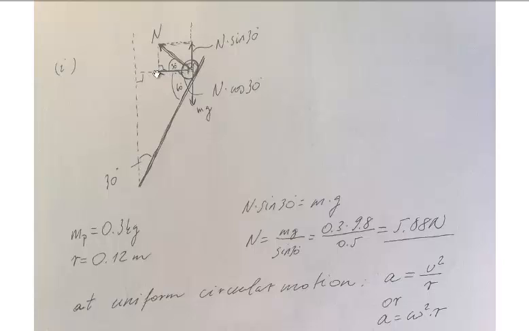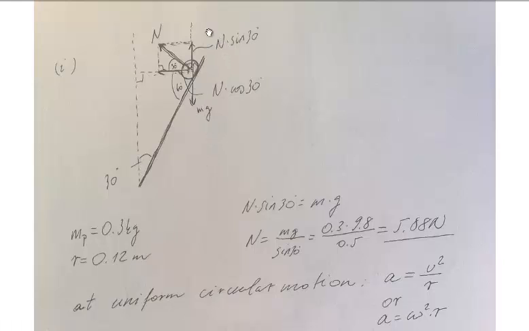As this component is adjacent to this angle, it's N times cosine 30 degrees, and these are the same, and it's opposite of this angle, so it's N times sine of 30 degrees. mP is equal to 0.3 kilograms and this radius 0.12 meters.